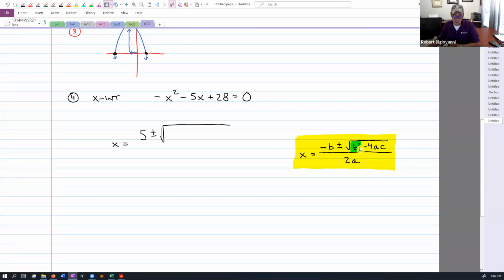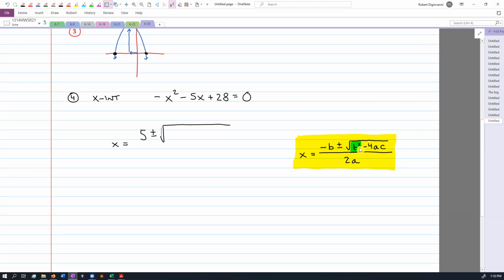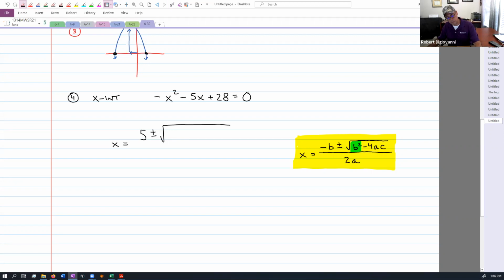Now, what will b squared be? Take your b, which is -5, and just square it.